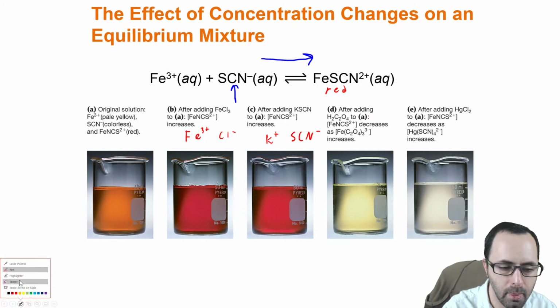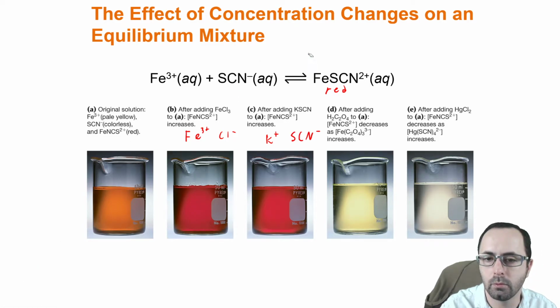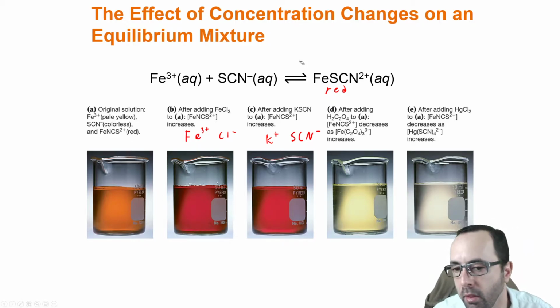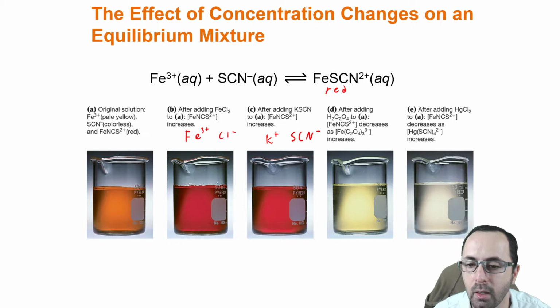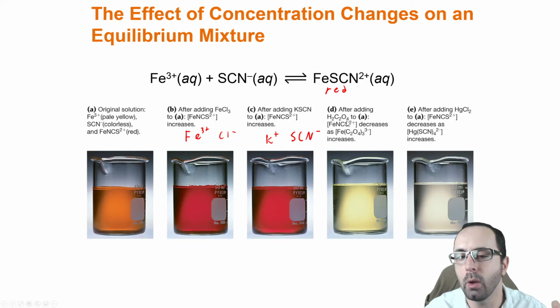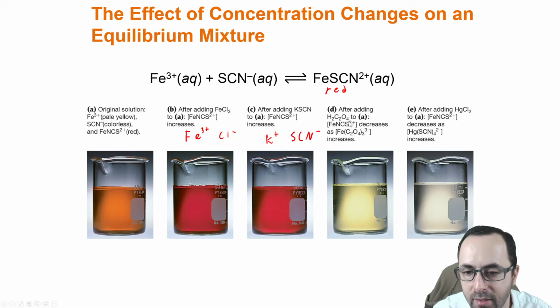Now, the other thing that can happen is we can add something that will remove, let's say, a reactant. It turns out, and you're not expected to know this, but as it says in part D, if we add oxalic acid, what we're essentially doing is adding oxalate ions, and those oxalate ions are going to react with the iron and remove the iron ions.